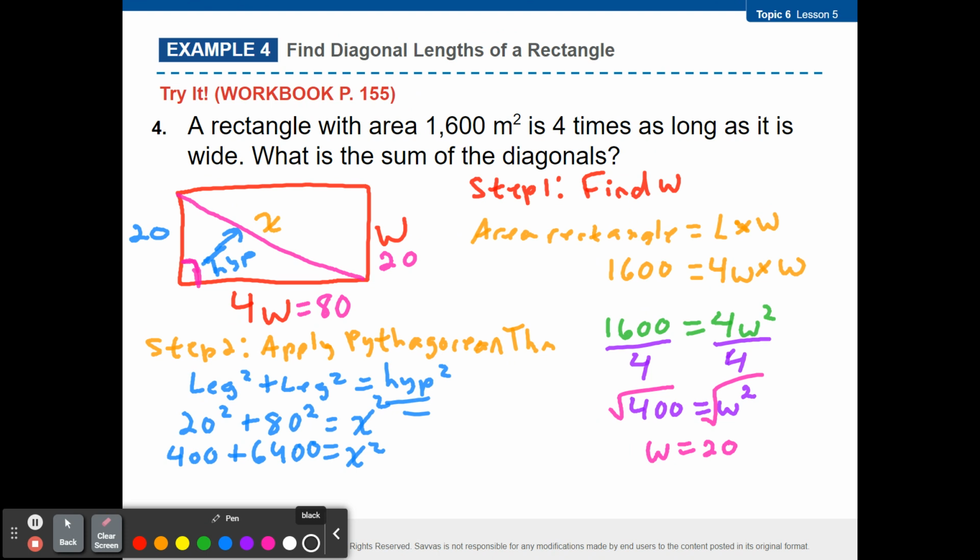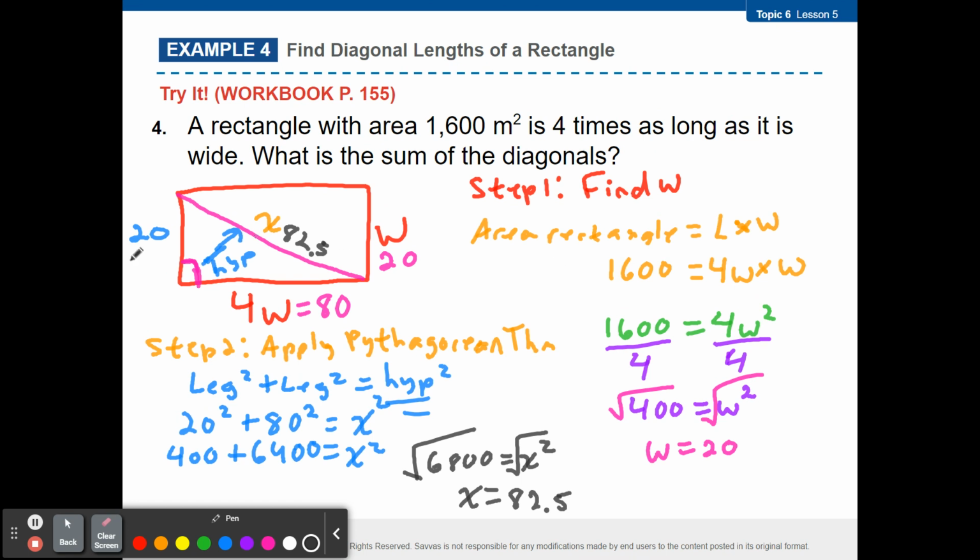So I'm left with, in this case, 6,800 equals x squared. I'm then going to take the square root of each side. That leaves me with x equals 82.5. So that means this diagonal is 82.5.